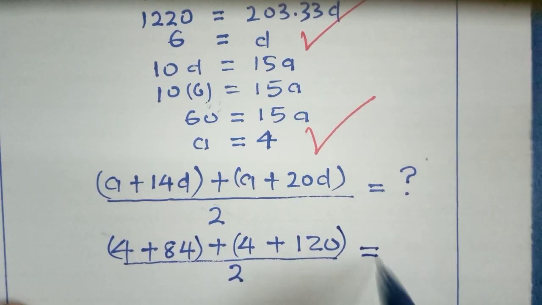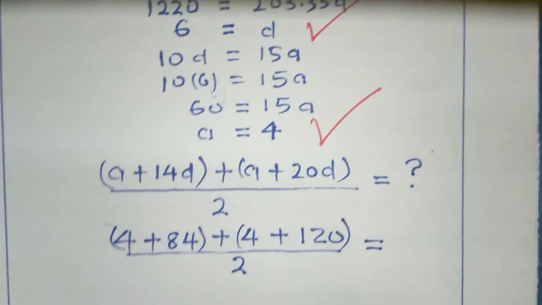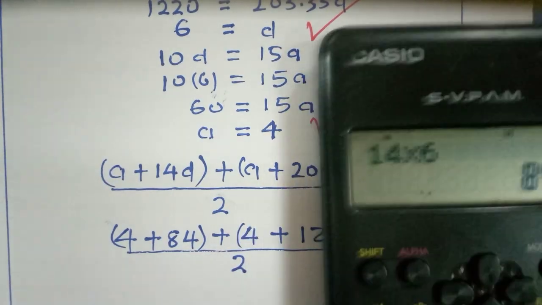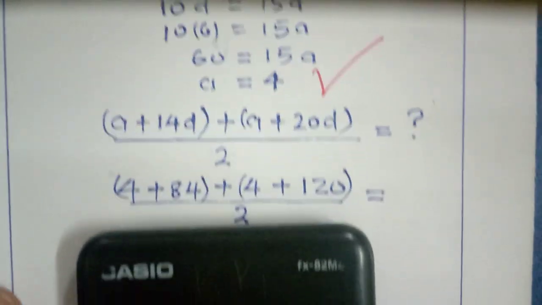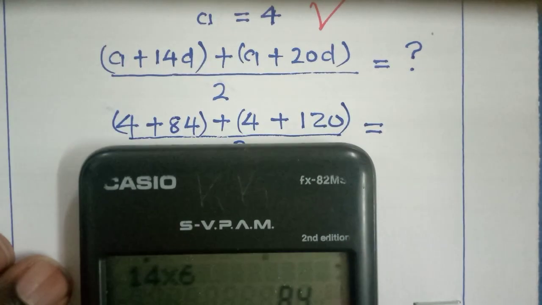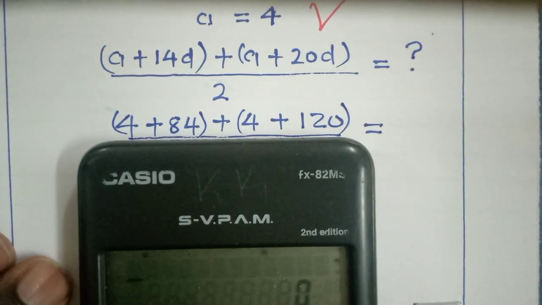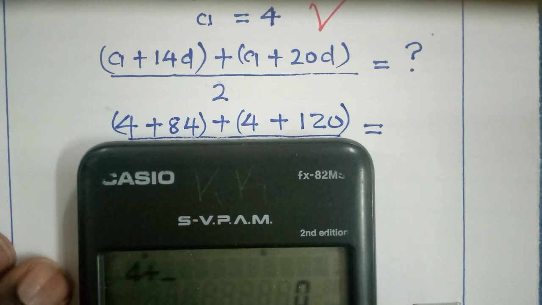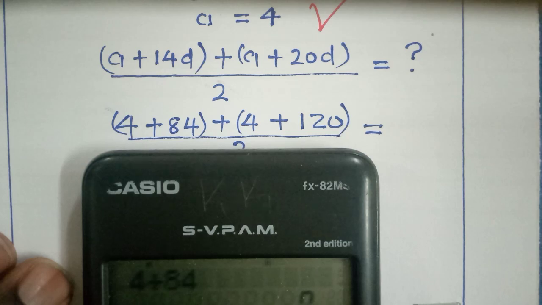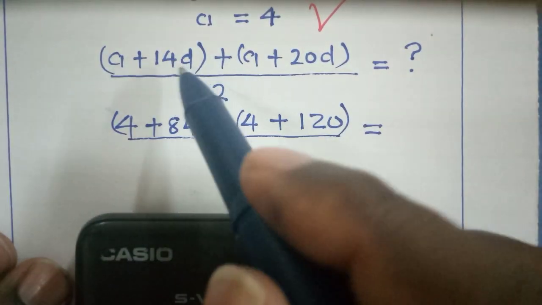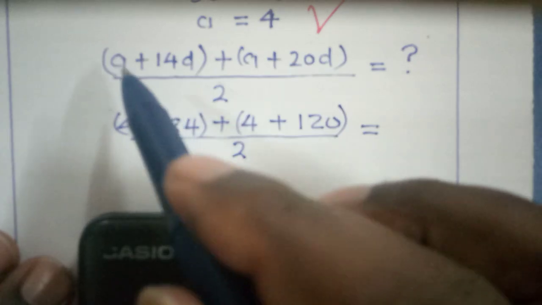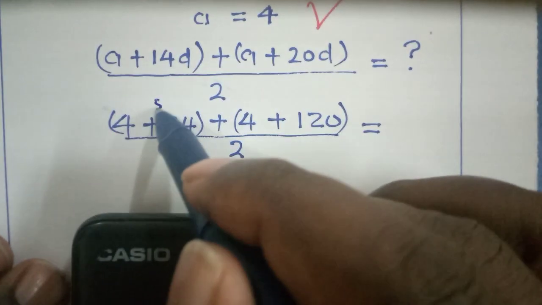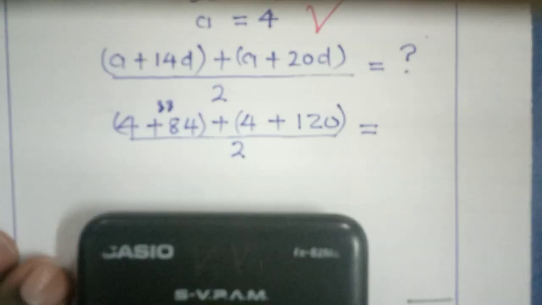So this one gives us, if I go to the calculator, I'll have 4 plus 84, which now gives me 88. So the first of these numbers, that is the 15th, is supposed to be 88, like that.